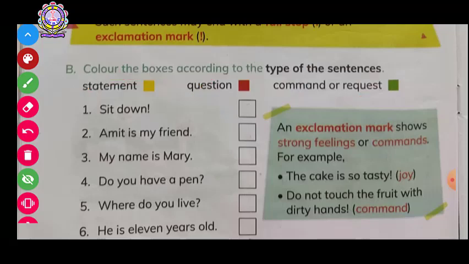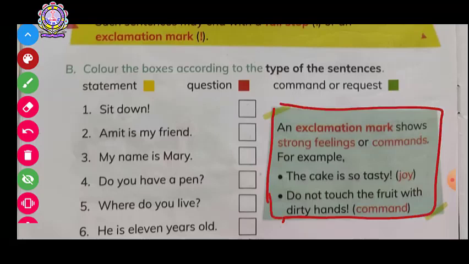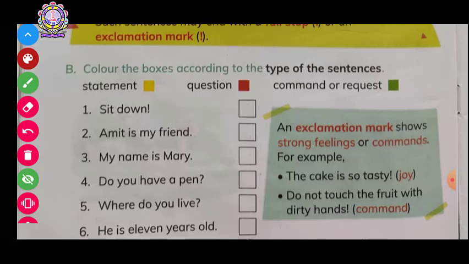Okay, sit down. Before that we will read what is written here. An exclamatory mark shows strong feeling or commands. Now this exclamatory mark, I have told you before, shows a strong feeling or commands.